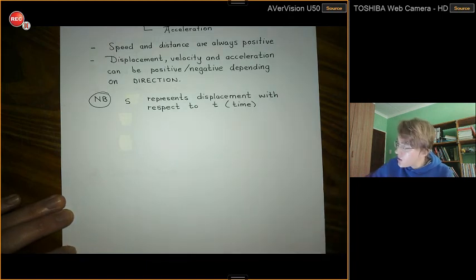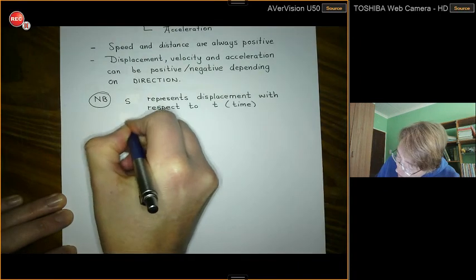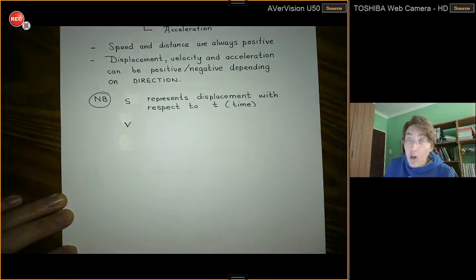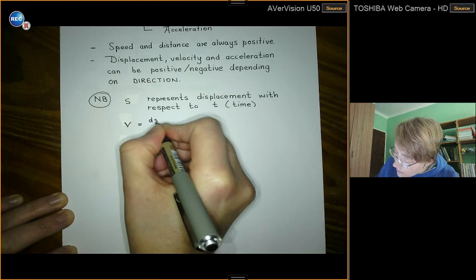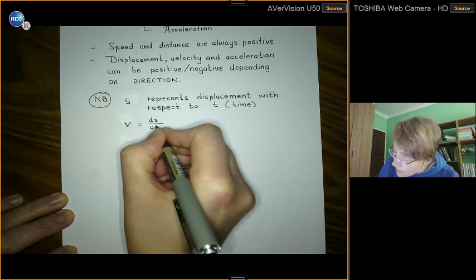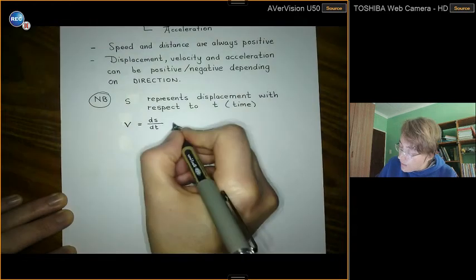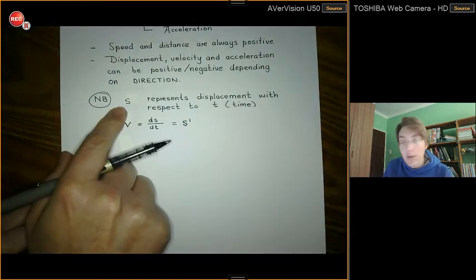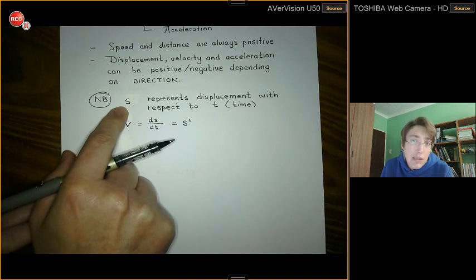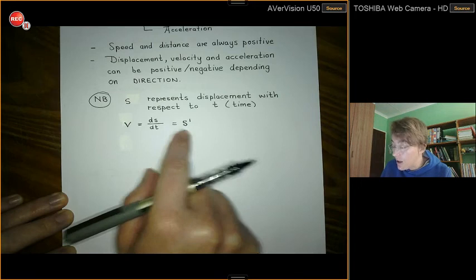Now, very important, we are then going to say that I have something called velocity. And velocity, this is the part you have to memorize, is going to be the first derivative of displacement with regard to time. Meaning, if I find the first derivative of the formula that gives me displacement or distance, that's going to be my velocity.